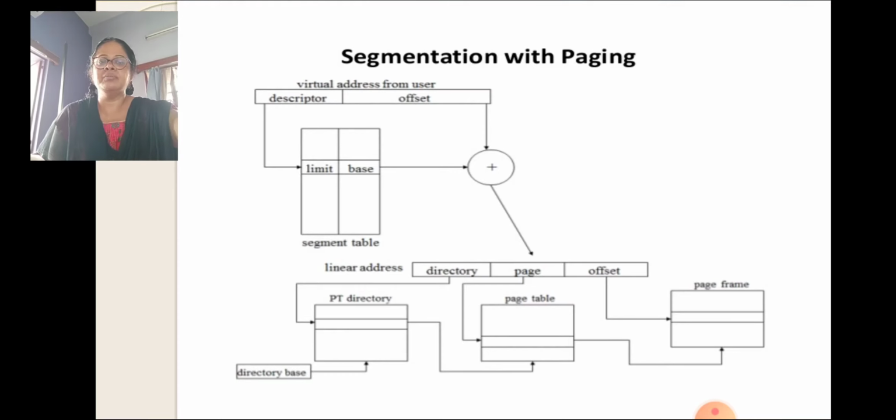Now limit plus base gives a linear address, which consists of directory, page and offset. And then again, directory goes to the parent directory, page to the page table, and offset is the page frame. This is the diagram of segmentation with paging.